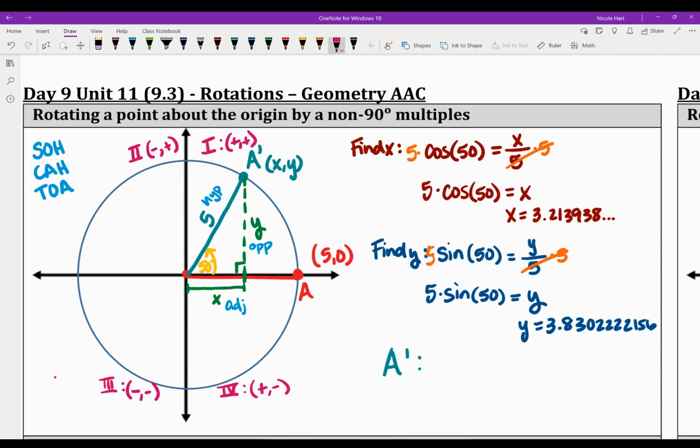So since A prime is in that first quadrant, both will be positive. And we're going to round this to the nearest tenth. We don't want a ton of decimals. So we're just going to round to one decimal place. So my final answer for A prime will be at 3.2, 3.8.